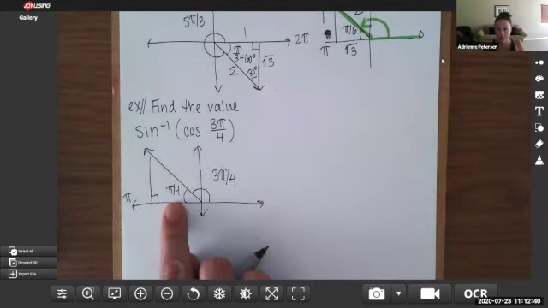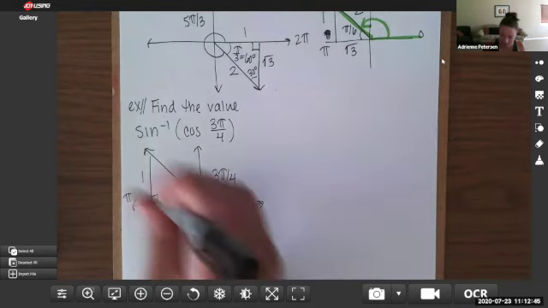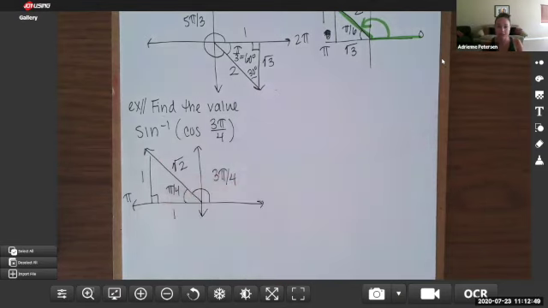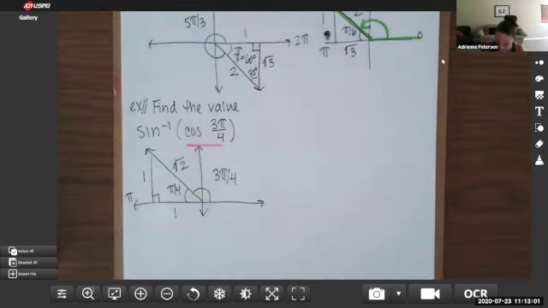Pi over 4 is, of course, 45 degrees. So we know our sides are 1, 1, and root 2. So again, we only know these 2 triangles, 45, 45, 90, and a 30, 60, 90. So anytime you're asked to actually evaluate, come up with a number, you're going to end up with one of these 2 triangles.